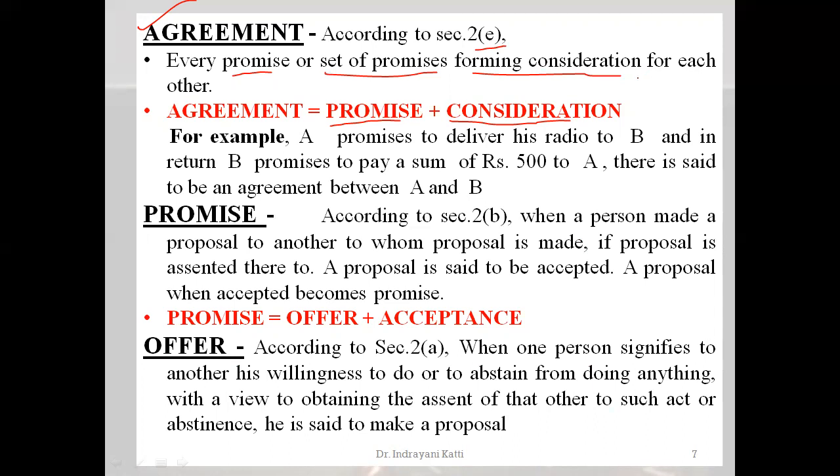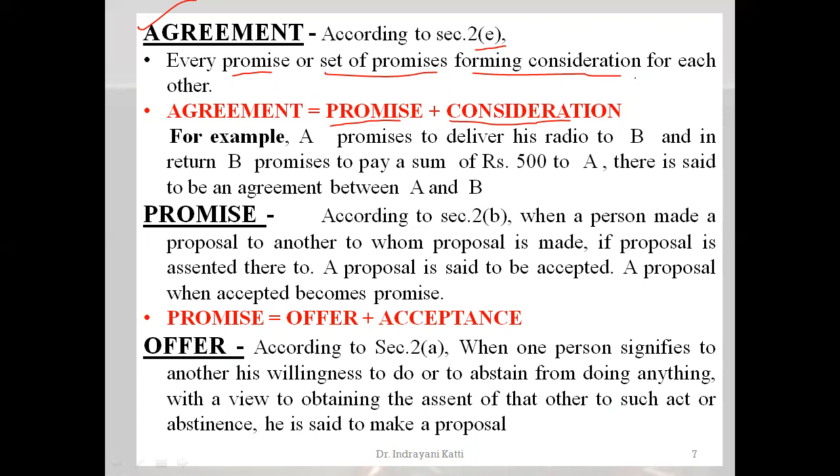So here both parties get something in return, and that is called consideration. What is a contract? Contract is agreement plus enforceability. What is agreement? Agreement is equal to promise plus consideration.